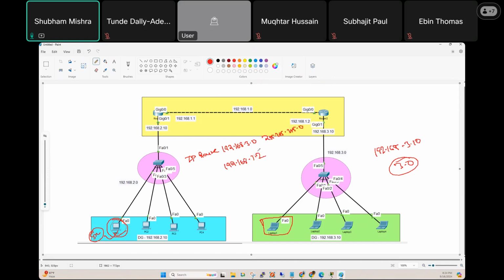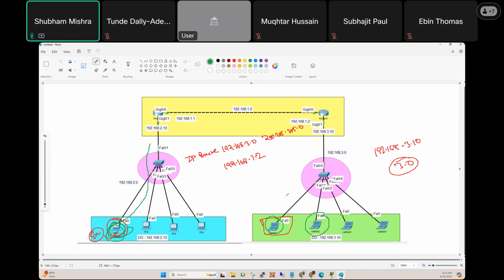What do you mean by this command? When you configure this command, it means when PC number one wants to communicate with laptop number one, they can easily communicate. There is no problem. When PC number one wants to communicate with laptop number two, they can communicate with laptop number two. There is no problem. Getting my point? It means this PC can communicate with each laptop, every laptop.